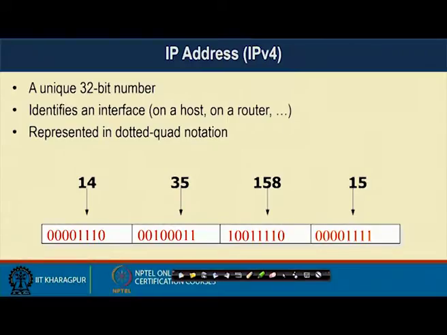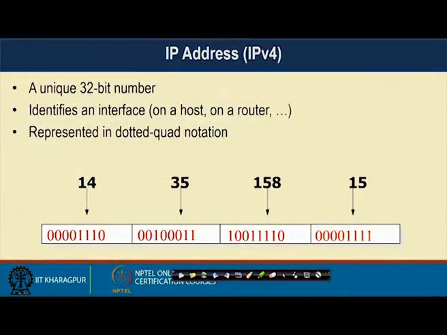Later on in this course, we will look at another type of addressing, the physical or MAC address, which comes with your network interface card, right. That is the address by which the system is identified, whereas the IP address logically identifies the system. This IP address is typically provided by the system admin, or in some cases through other mechanisms like DHCP, right.